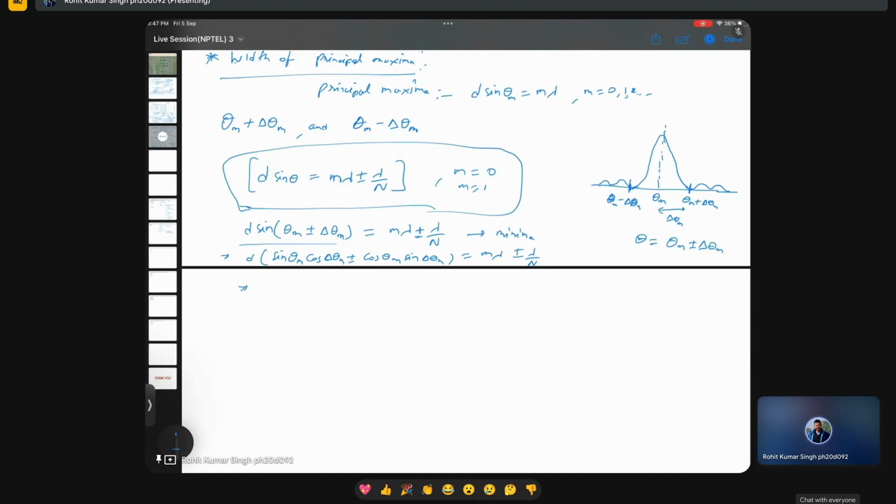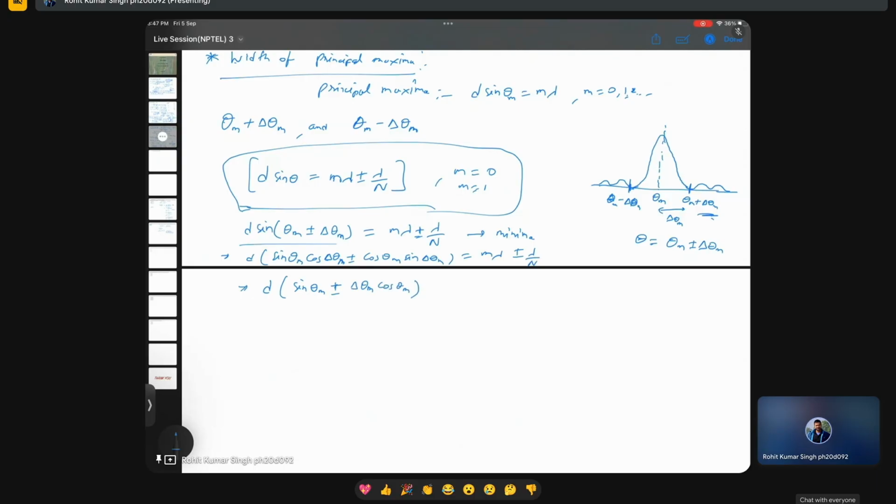Now assuming this Δθm is very small as compared to θm, this can be approximated as this.